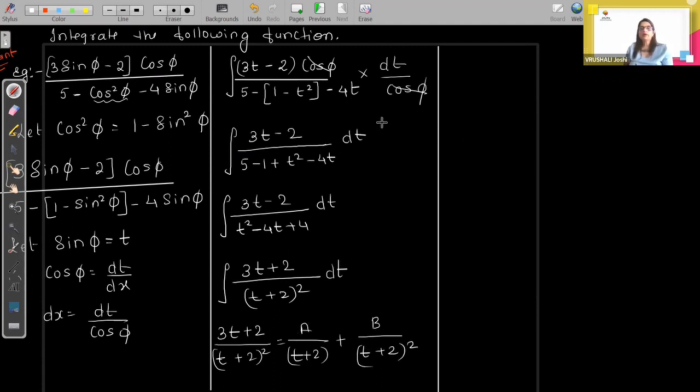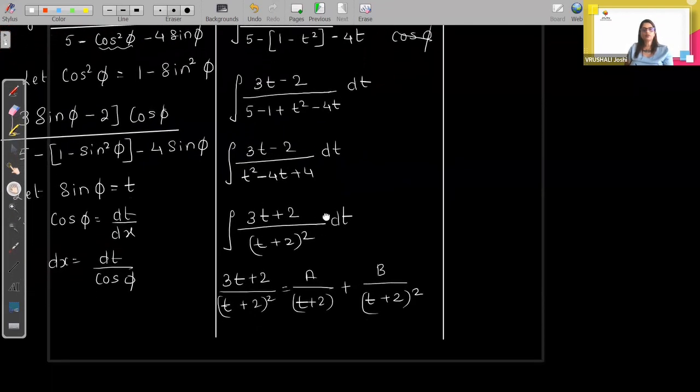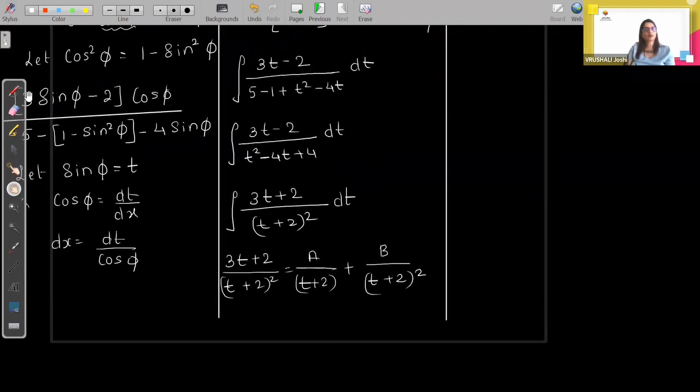Now a and b, we have to find the value of a and b, and then I think it's going to be very easy. I'll push the board up because later on I'll minimize it, then you can see the value of a and b down there. Okay, and then I'll go to the other side of the board, correct? So now how will you find the value of a and b?